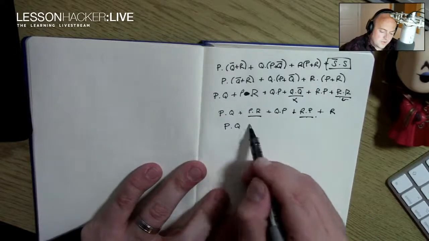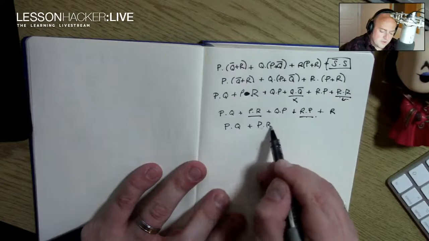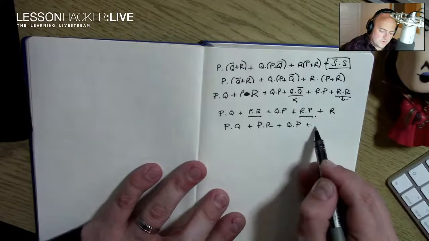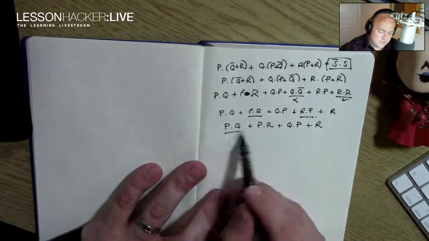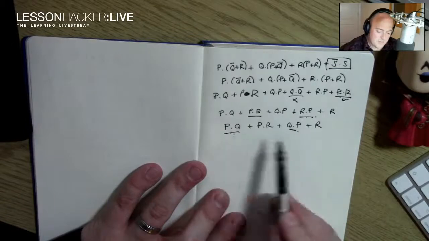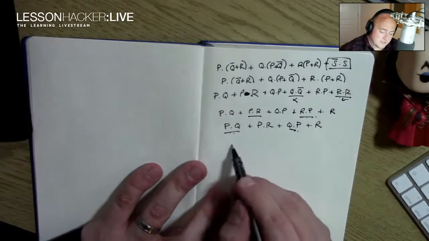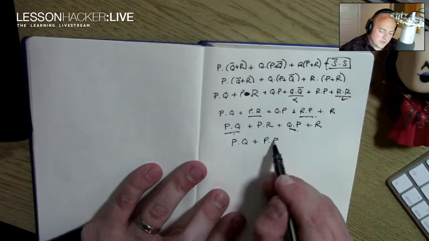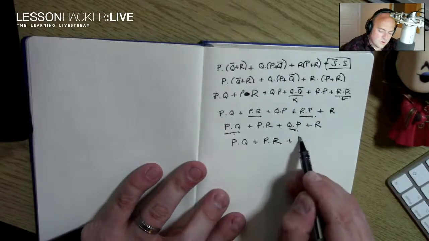P and Q, or P and R, or Q and P, or R. Looks good to me. Repetition of terms again, P and Q and Q and P. So that means I need one of those: P and Q, or P and R, or R.